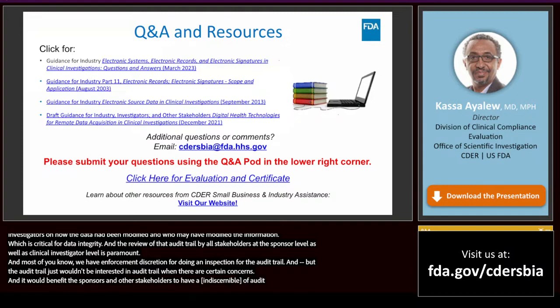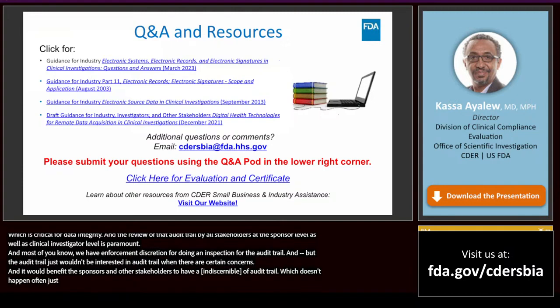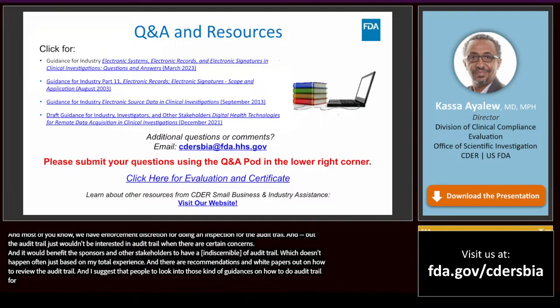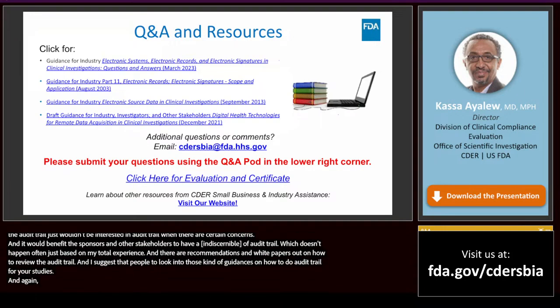And there are recommendations and white papers out on how to review the audit trail, and I suggest that people look into those kinds of guidances on how to do audit trails for their studies. And again, it is very important to focus on audit trails for the important elements, a risk-based kind of review of audit trails. Back to you, Ray. Thank you.